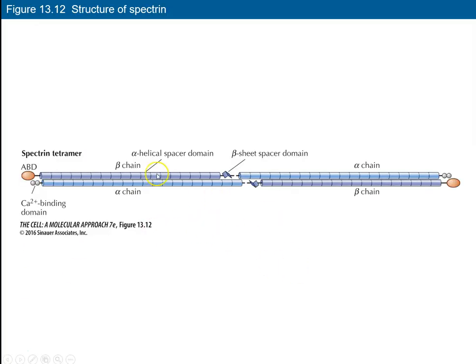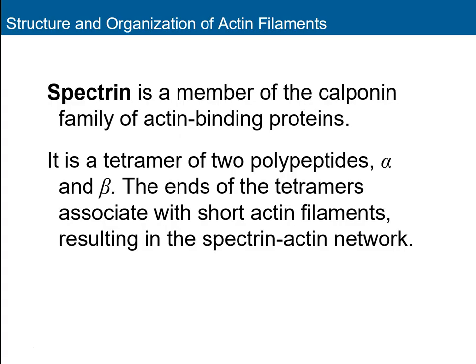But if you look here, this is showing you that structure, okay? Again, not going to ask you to draw it, not going to ask you how many beta chains or how many alpha chains are in there, okay? But again, the structure is going to be important in its function, okay? And so anyway, you can see some of these different binding domains that are on here, a pretty complex type of protein. Okay.